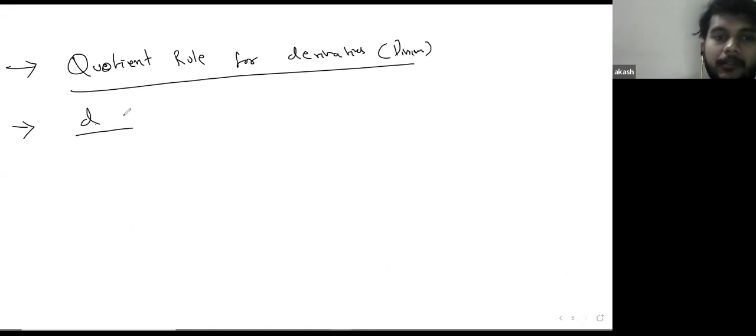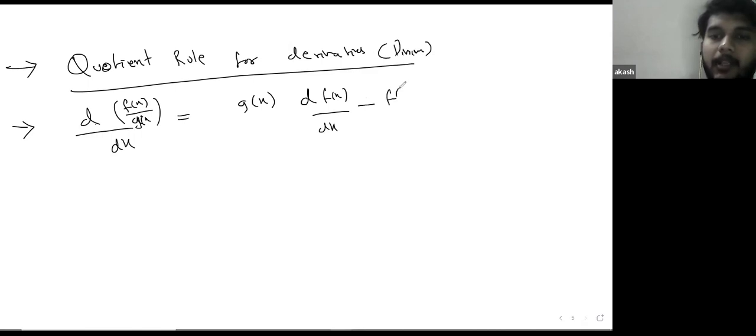If two functions are divided, this is f of x divided by g of x, and they have asked you to differentiate, what you have to do is g of x into differentiation of f of x minus f of x into differentiation of g of x, whole divided by g of x square.